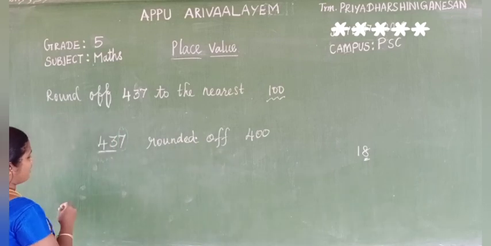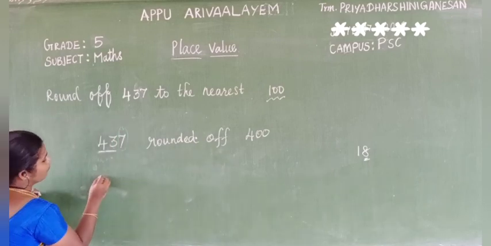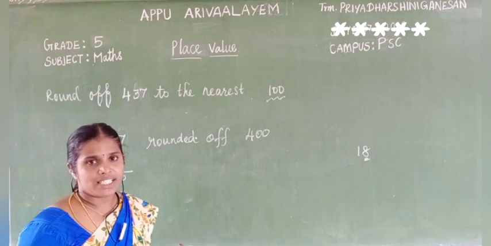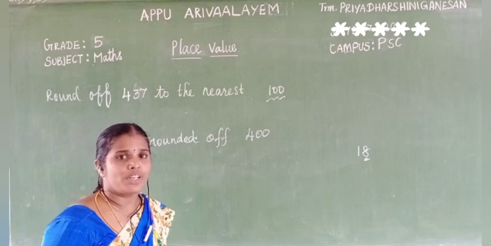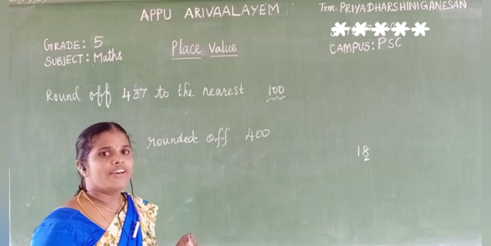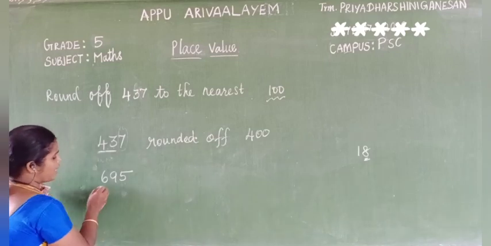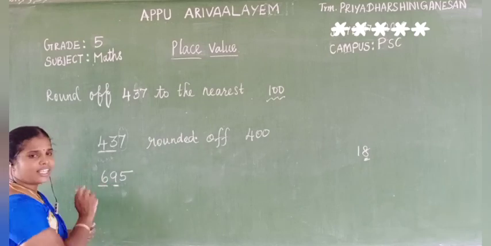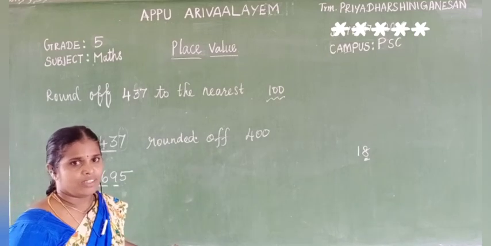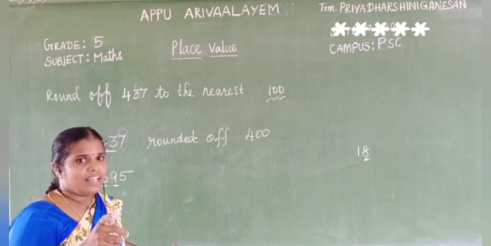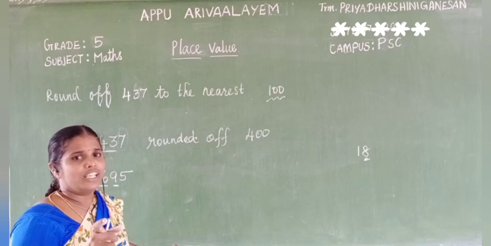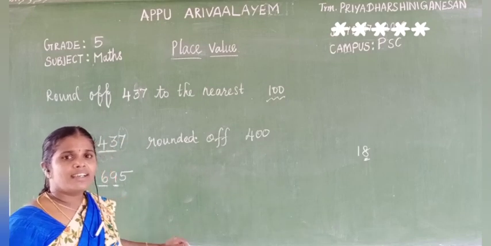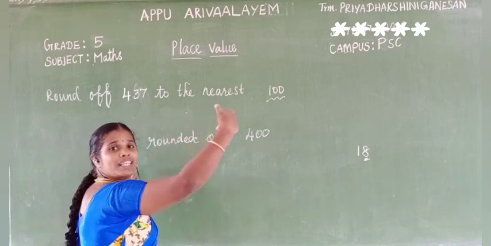Okay, I will give you another example. See, 695. You need to round it to the nearest 100. For that, you need to concentrate on the hundreds and tens, I mean 600 and 9 tens, 690. 690 lies between two hundreds. What are the two hundreds? 600 and 700.